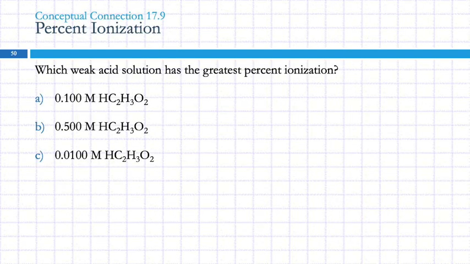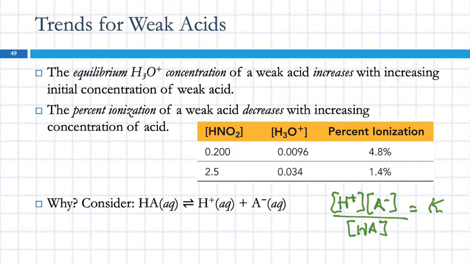Can I say that one more time? Yeah, I can say that one more time. We know that this equilibrium is governed by an equilibrium constant, right? And so we're at equilibrium.